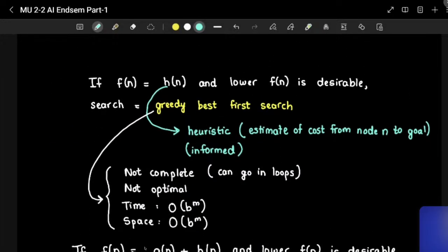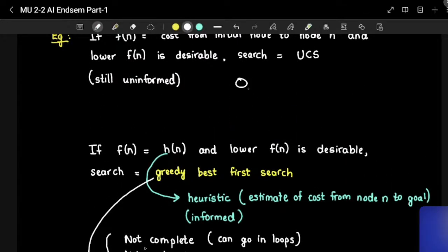We will see what will happen if we add new information. So if f of n is equal to some h of n, where h of n is called the heuristic, and in this case heuristic is nothing but the estimate of cost from the current node to the final goal. So if I draw a search tree, and let's say goal is here, when you explore a search tree, you will only know the costs that you've incurred up until the nodes that you've explored, but you do not know what's going to happen.